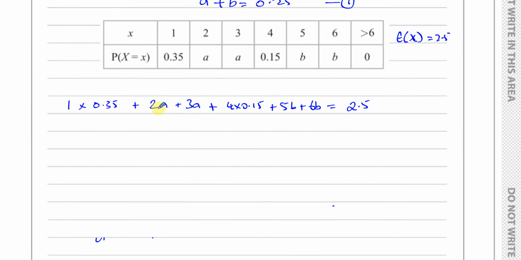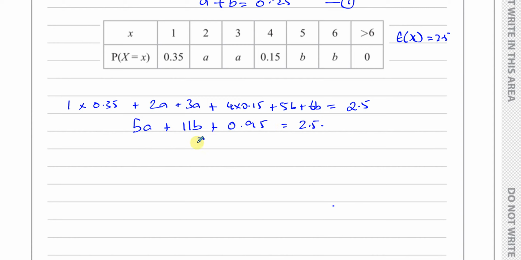Okay, so here we have 2a plus 3a, which is 5a. So you have 5a plus 5b plus 6b, which is 11b, plus 0.35 plus 0.6, which is 0.95, and that's equal to 2.5.